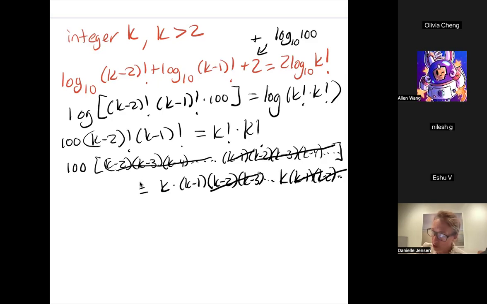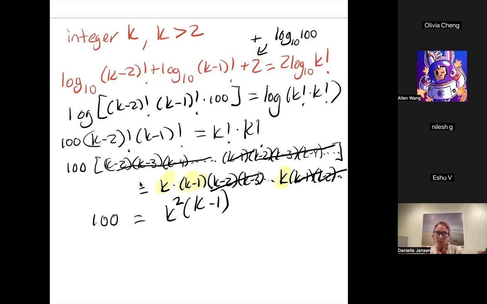Yeah. And so I'm left with 100 only on the left. Right, Olivia? Yeah. Equals, and I think this is where you were at, k times k minus 1. And k squared, sorry. Right? There's 2 k's. Yeah, it's k squared times k minus 1. Yeah, so this was left over, this was left over, and that k.